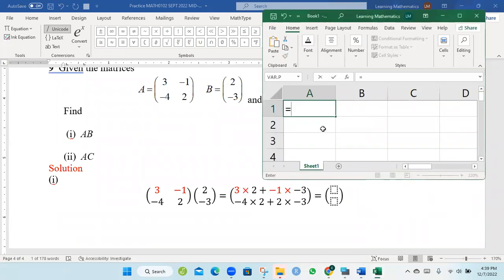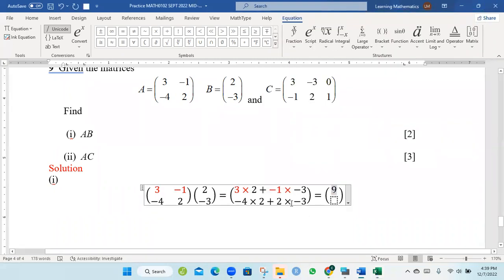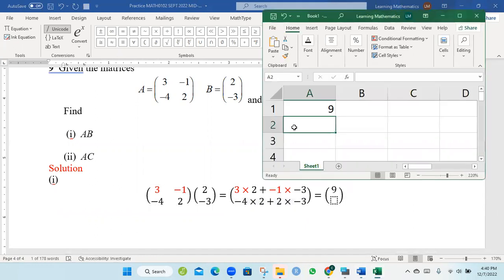Type equal first. 3 times 2 and a minus 3 times a minus 1 is a 3. 6 plus 3 is 9. And here now we have a -4 times 2, that's -8, and a -6. Well, we'll do a -14, but we can prove our answer by copying this and pasting it in Excel, or you can use your manual calculator. Equal, Control V, negative 14.